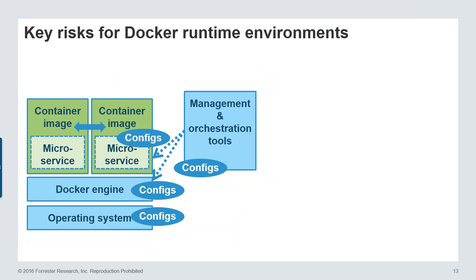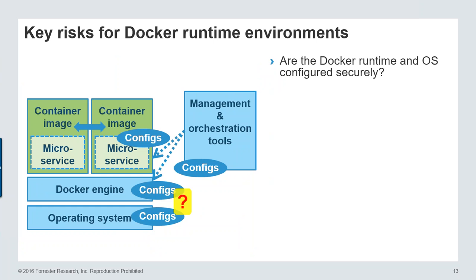Now, if we look more at what's happening in the runtime environment, then we see a number of additional kinds of attack points. Lots of configuration has to be done at the OS and the Docker runtime level. So are those configured appropriately? Do you have auditing over how configuration changes are made?